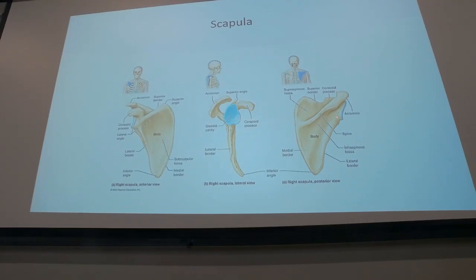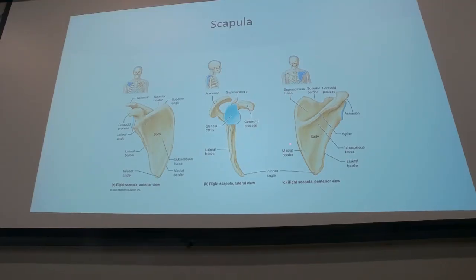So then how would you call the fossa that is below the spine? If the one above the spine is called supraspinous fossa, how would you call the one that is below the spine? Infraspinous fossa. And yes, that's the name, infraspinous fossa. The infraspinous fossa, as you can see, is larger than the supraspinous fossa.